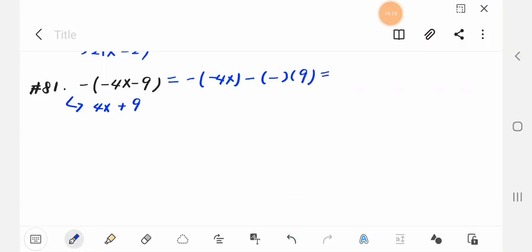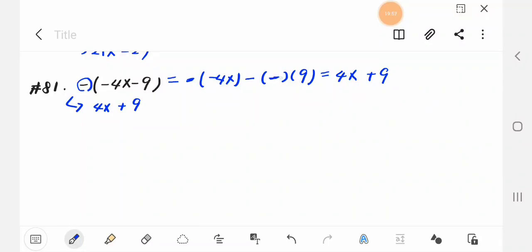Actually, the negative sign means negative 1, right? So this will be positive 4x, and negative becomes positive 9. Whenever you do this, just use mental math. Multiply the negative sign by a negative: negative by negative is positive.